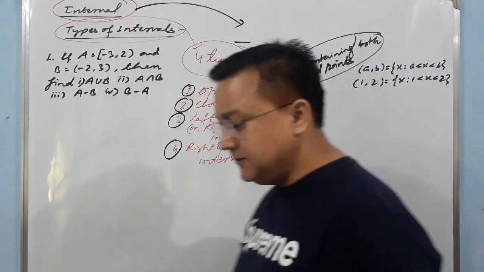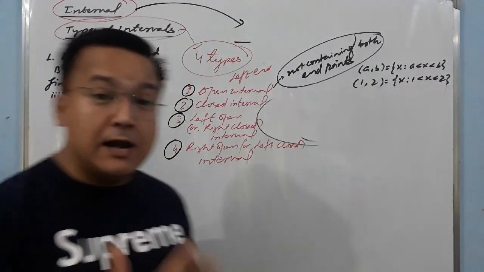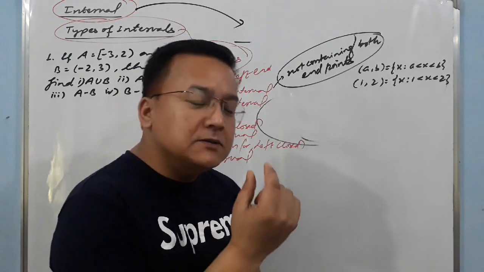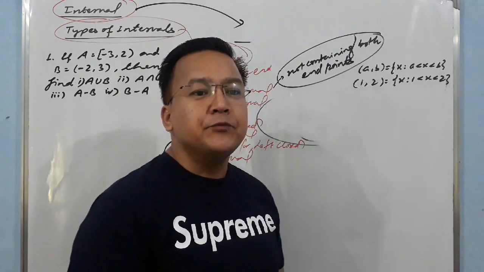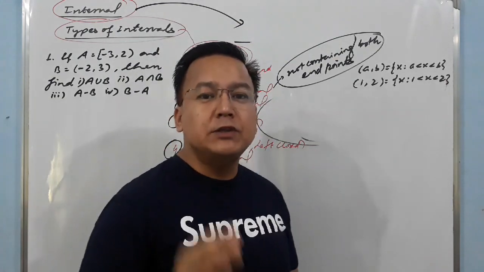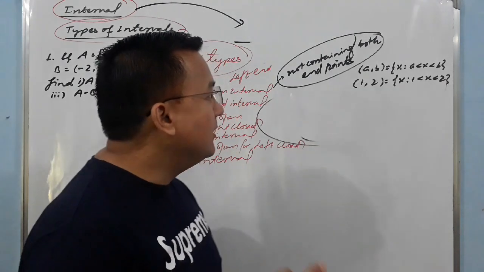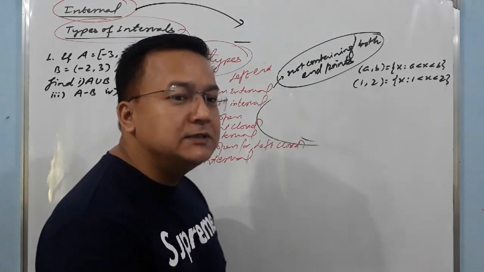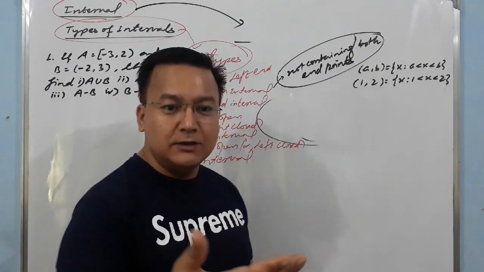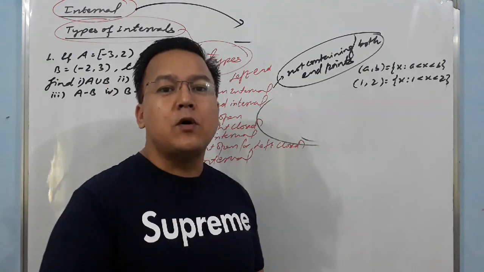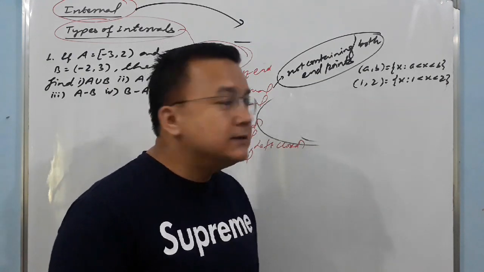If you ask why we take 1 and 2 if we do not include them: immediately after 1 you can't tell which real number you will take. If you think of 1.01, there is also a real number between 1 and 1.01, like 1.001, right?